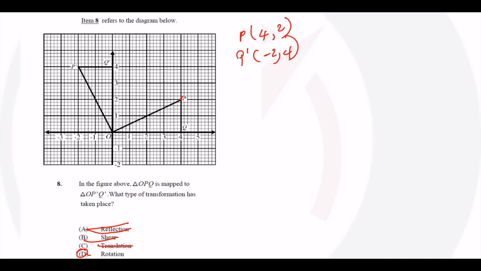Yeah, clockwise. So this goes 1, 2, 3. So it'll be a clockwise rotation of 270 degrees. Could say that, if my memory serves me well. You can correct me in the comment section. So it's a clockwise rotation of 270 degrees about the origin.